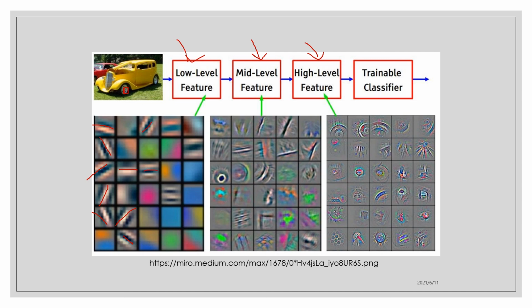We use those straight lines as low level features and combine them with bigger points, bigger areas inside the graphics. Then we turn these middle level features into high level features to see whether it's a wheel of a car or not.